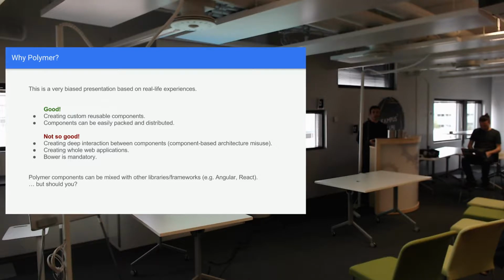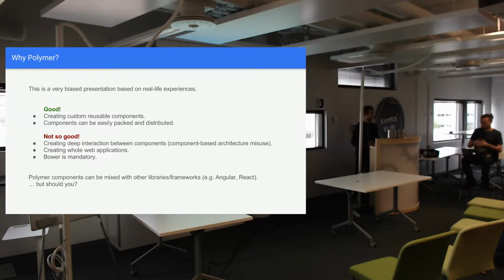And not so good that we could observe is that it creates deep interactions between components. And actually, this can be a problem in a misuse of component-based architecture. So we saw some components where we would try to find a bug in a specific component, and we would be at the 80th, 90th level, inside of one component, inside another, inside another.